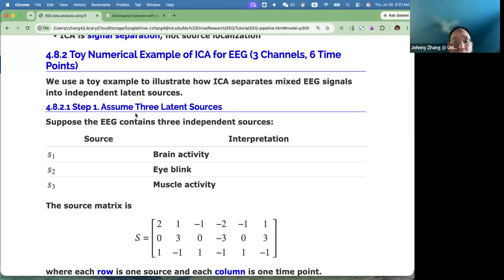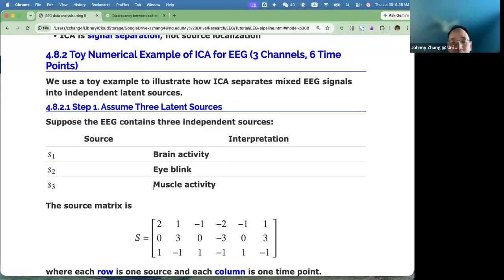Suppose we have three latent sources in this example. The three latent sources could be S1, just the true brain activity, okay, so it's the neural activity in your brain. S2 could be the eye blink, and S3 is muscle activities. Notice that your eye blink also has signals over time, right?